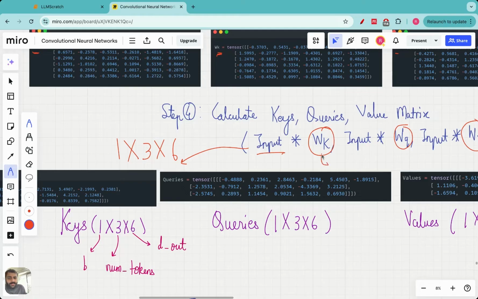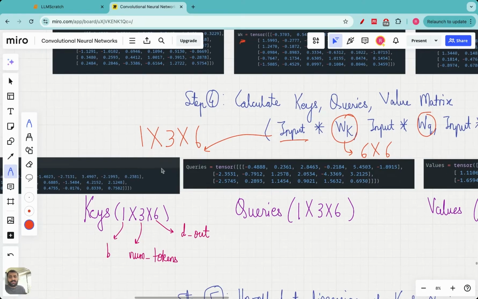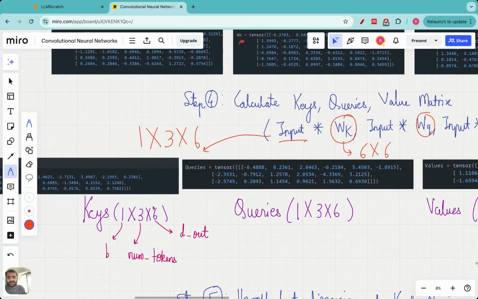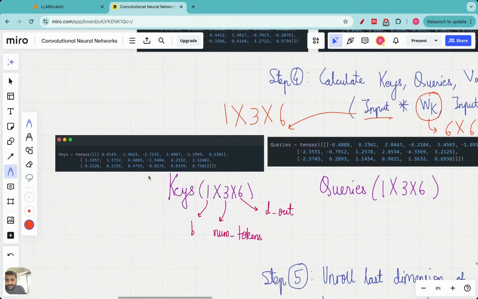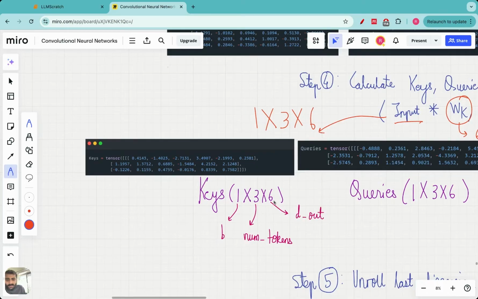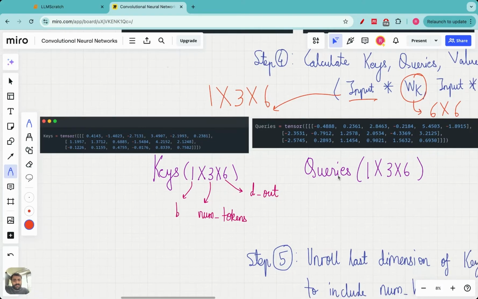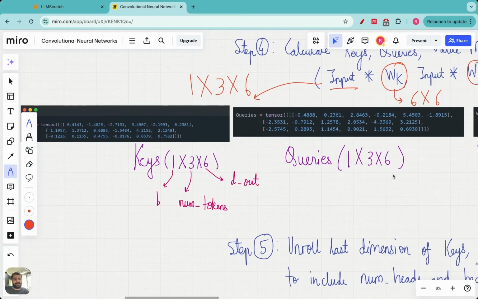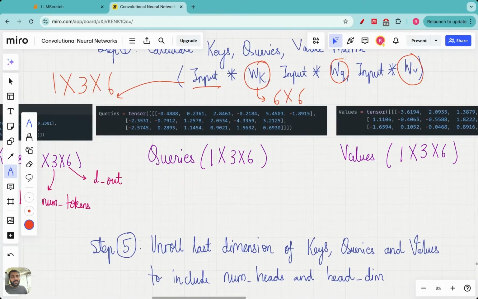And the dimensions of each of these key, query, and value trainable weight matrices are 6, which is d in, multiplied by 6, which is d out. So when you multiply the input with these weight matrices, the result you will get is 1 by 3 by 6. You will get the keys matrix, which is 1 by 3 by 6, the queries matrix, which is 1 by 3 by 6, and you will also get the values matrix, which is 1 by 3 by 6.